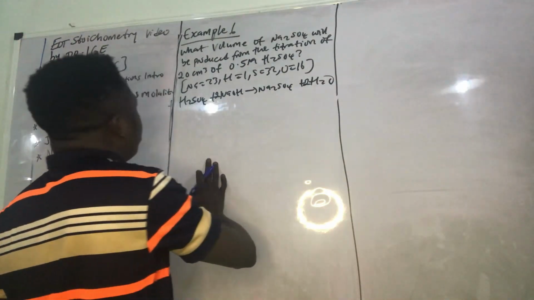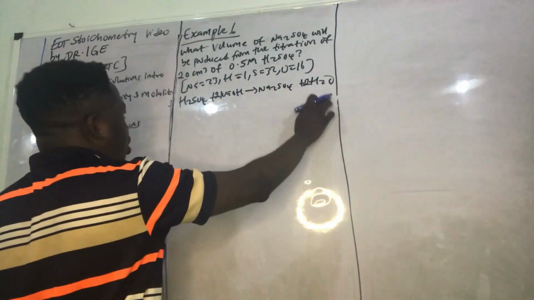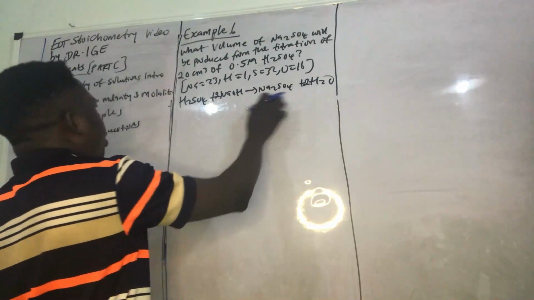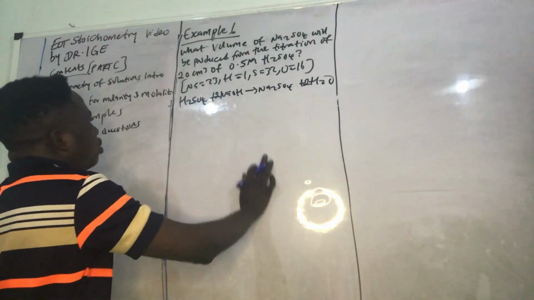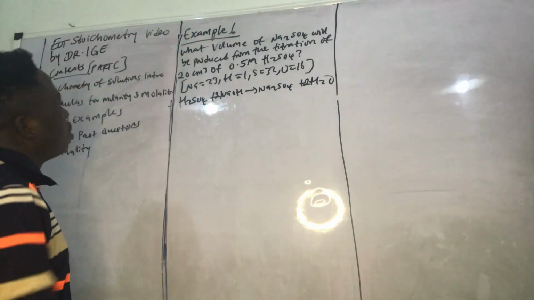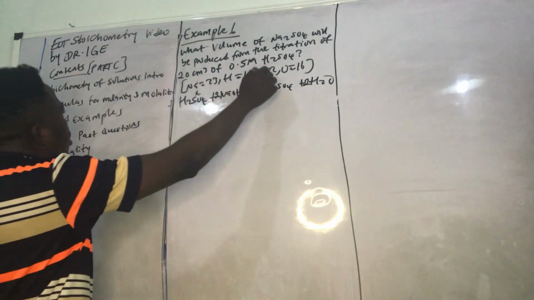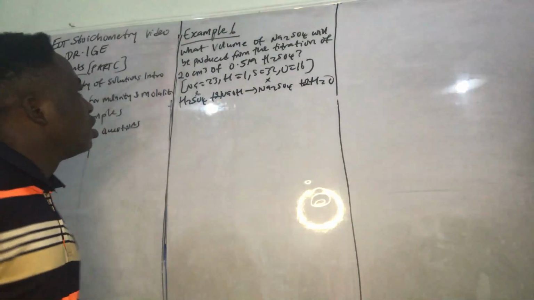That's 4 hydrogen, and the oxygen is 6: 2 here plus 4 here. What have I not checked? Everything is correct, everything is balanced now. What are we concerned with? This one and this one.